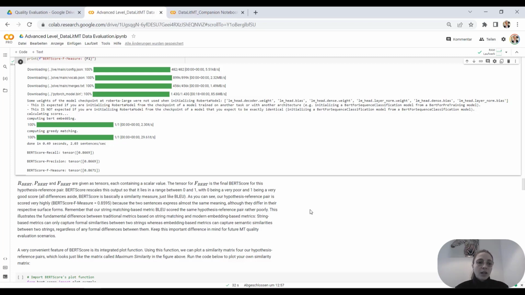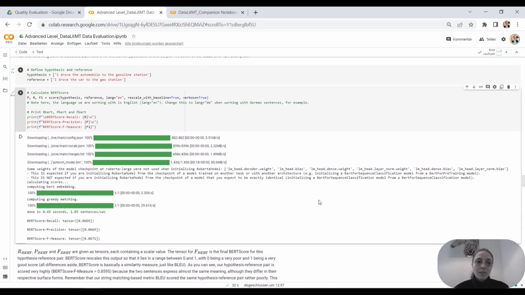You can see that by looking at the sentences, the meaning of the sentences is pretty much the same. Apart from the fact that we're using automobile instead of car or gasoline instead of gas, the sentence conveys the same meaning. And in comparison to BLEU or TER above, BERTScore can actually analyze this meaning and see that these sentences are more similar, because it is able to compare the word embeddings of automobile and car and realize that they are more similar than the actual string comparison, which shows that they're completely different words.